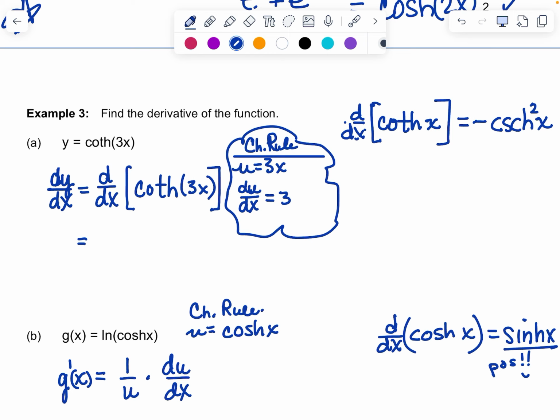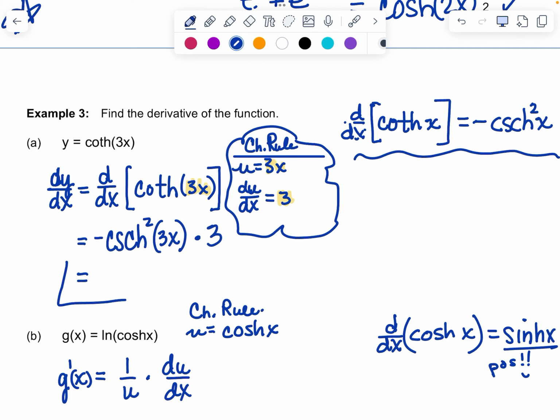y is the hyperbolic cosine of 3x. Now, you have a chain rule here because if I highlight the inside function, it's 3x. You have to use u is equal to 3x and du/dx is equal to 3, so you're going to have to multiply. So we end up with the derivative negative hyperbolic cosecant squared of not x, but 3x, and then times 3.